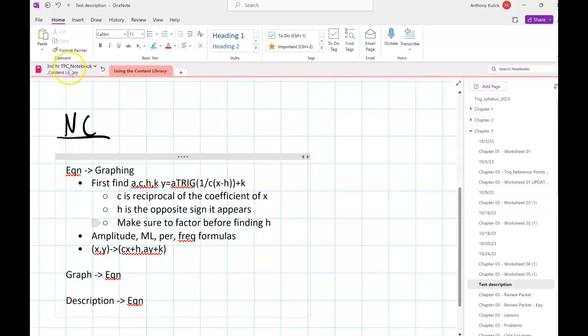All right, moving on. Graph to equation. First thing we do is find the points. I find the midline to get me the K. Find the amplitude to get me the absolute value of A, right?